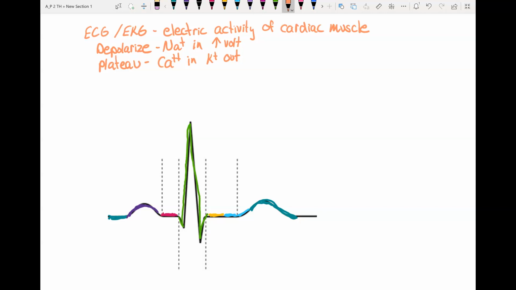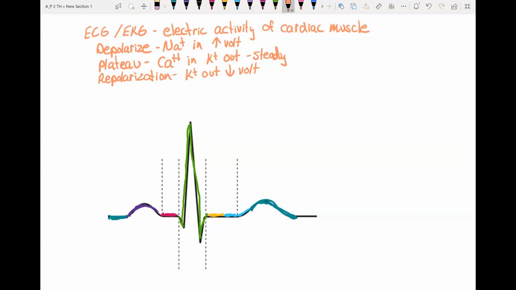And this gives you kind of a slowly falling voltage. It's pretty steady. Then you have repolarization, where you just have potassium out, so the calcium gates close, and that decreases your voltage back to your resting membrane potential.